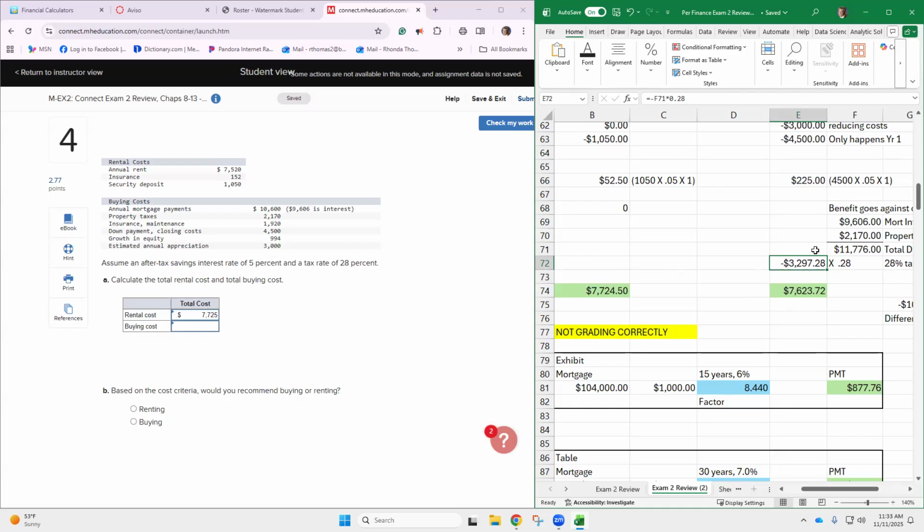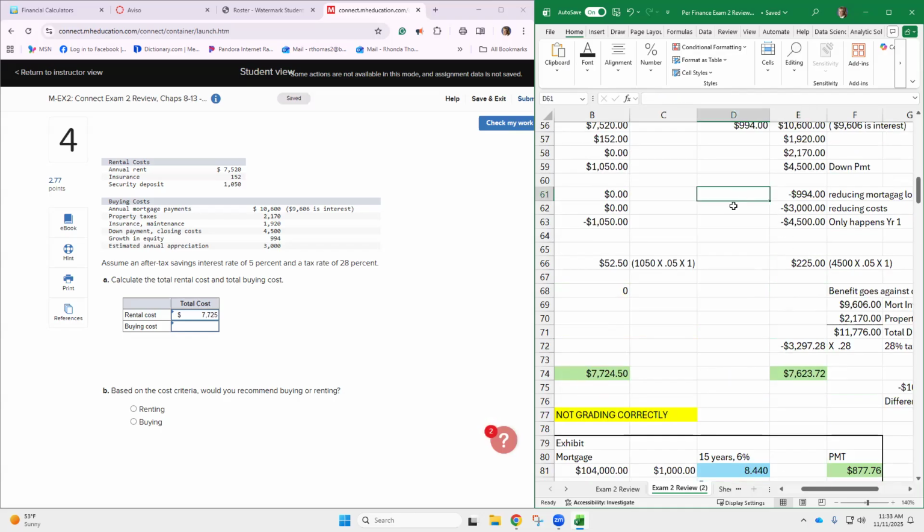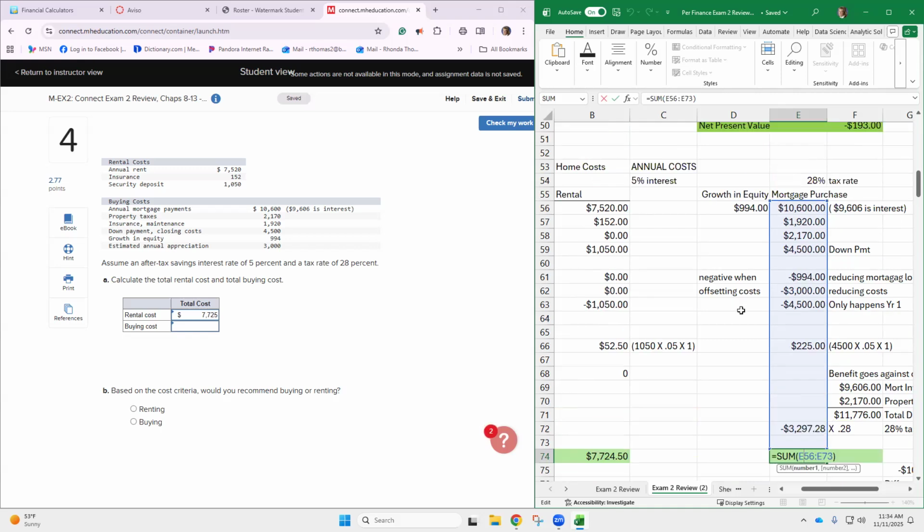If they offset costs, they are negative. In fact, I'll put that right here: negative when offsetting costs. So for the purchase we have 1, 2, 3, 4 negative numbers in this calculation that help bring the cost down. And here's what I got for my buying cost. Pretty close.